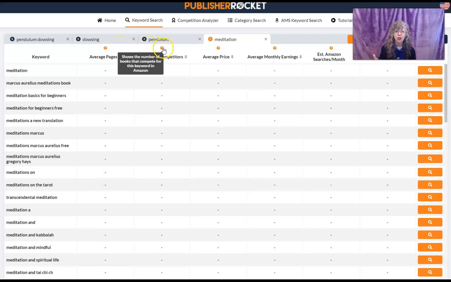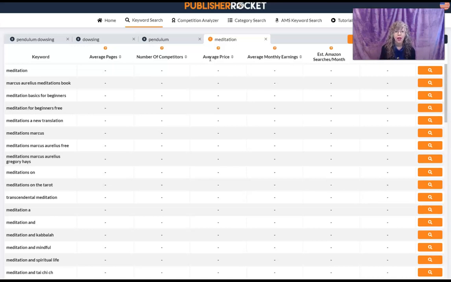It also tells you the number of competitors you have, like how many people have written a book where they're using the key phrase or keyword meditation. For that particular thing, it's going to be massive. It's going to be really big, right? What is the average price for this word? Okay, so books about meditation, what's the average price that they're selling for?